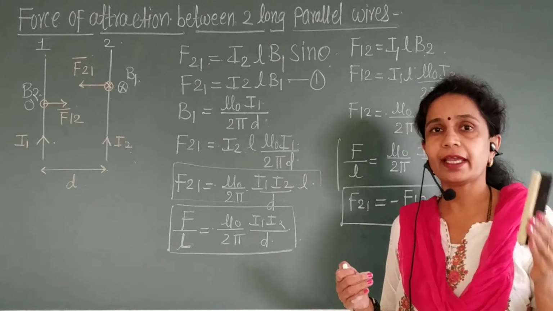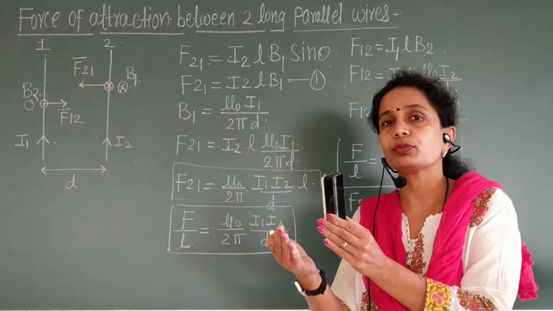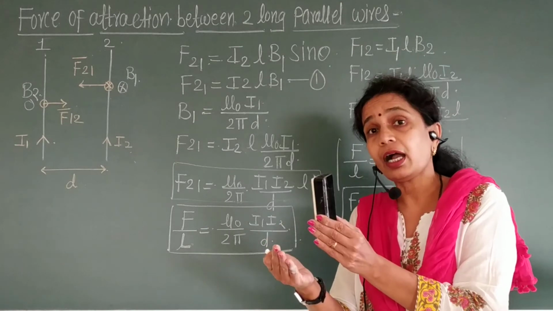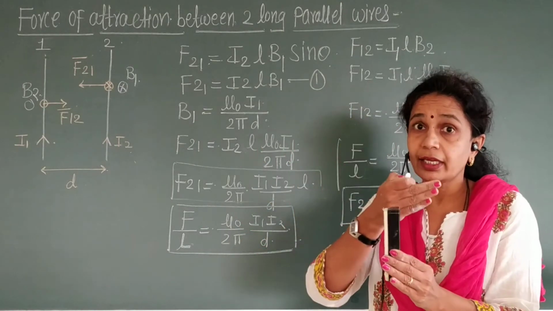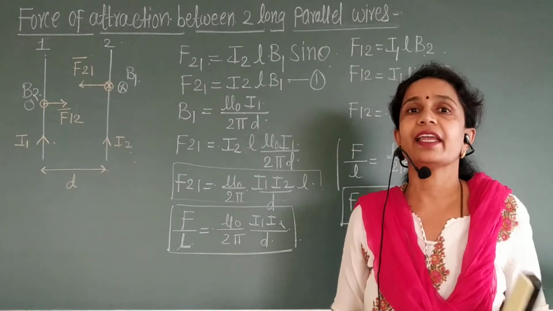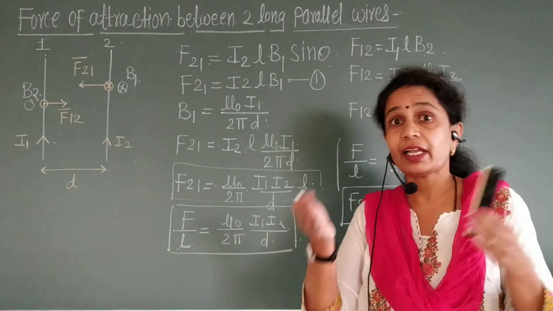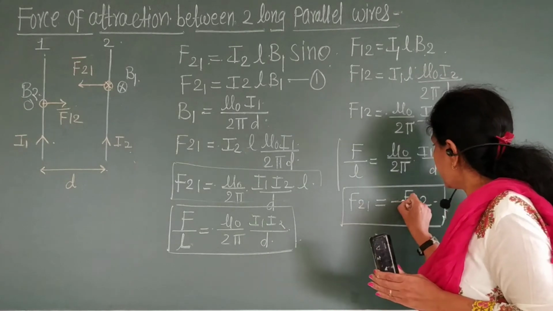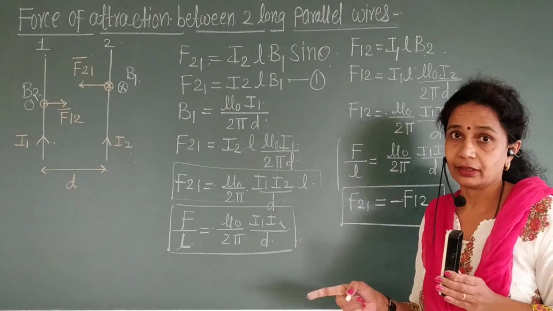If object A exerts a force on object B, then B also exerts an equal and opposite force on A. Force is equal and opposite, therefore there is a minus sign.